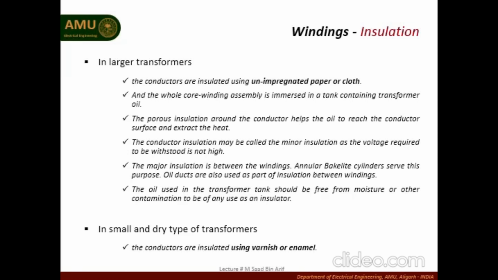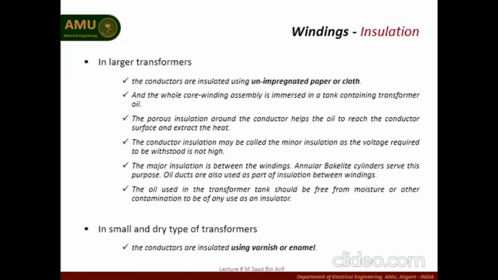The oil, due to the porous nature of the insulation around the conductor, reaches the conductor surface, and what will happen? This oil extracts the heat from the conductor, and in this way the oil serves two purposes. The first one is it provides the insulation, and the second one is it helps in extracting the heat from the conductor.